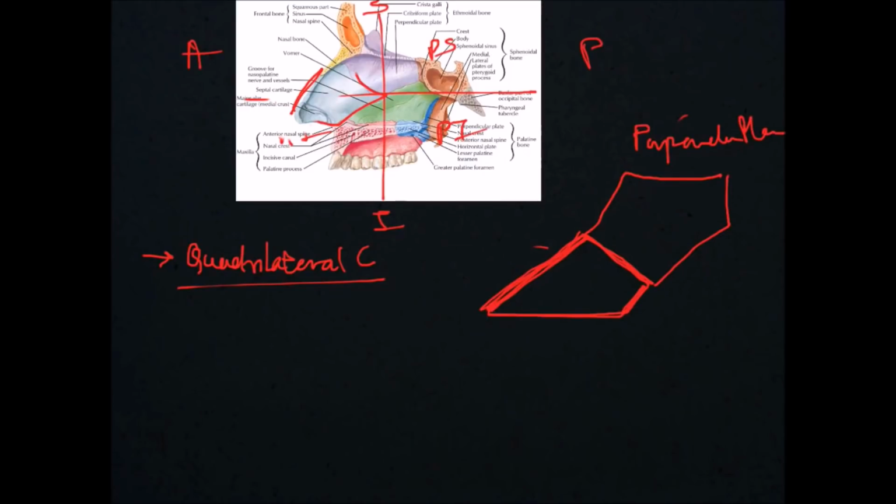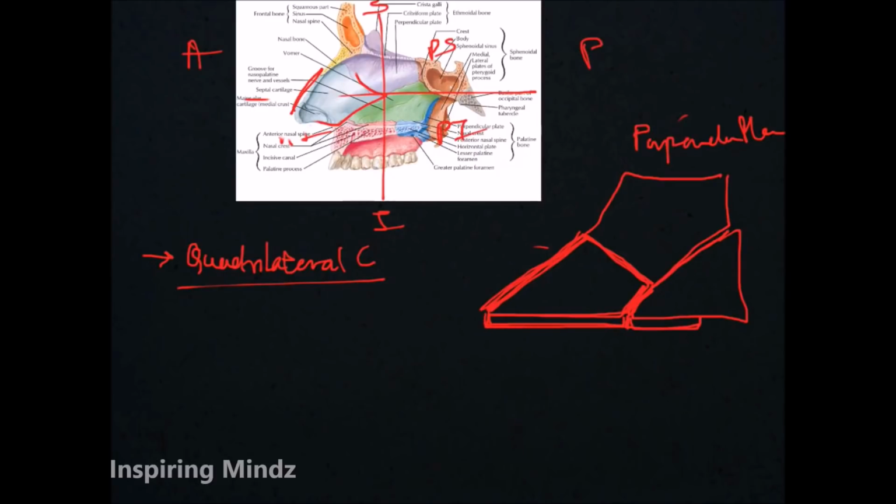In the postero-inferior part, it articulates with another important bone, the vomer. In the inferior part, it articulates with the nasal crest of the maxillary bone and the nasal crest of the palatine bone, the horizontal process of the palatine bone.